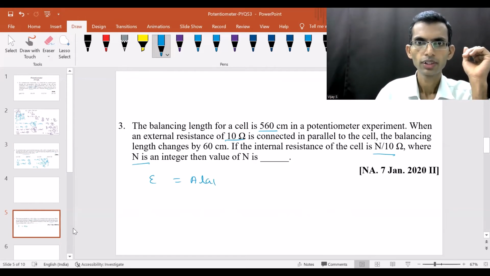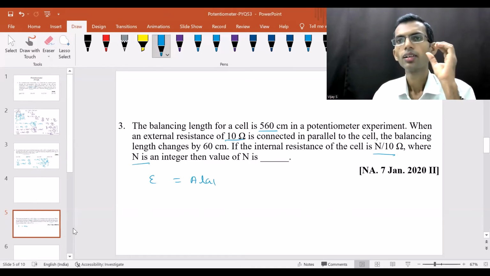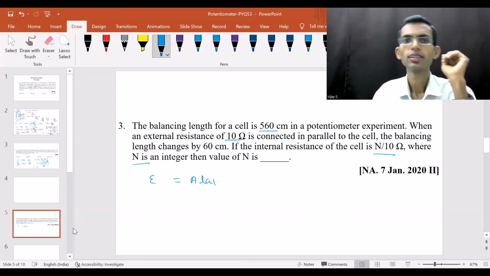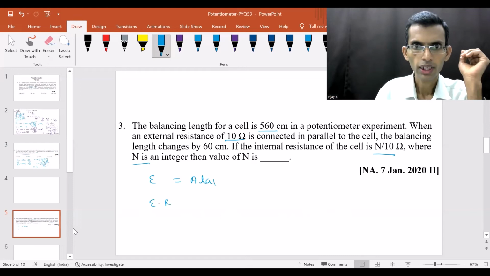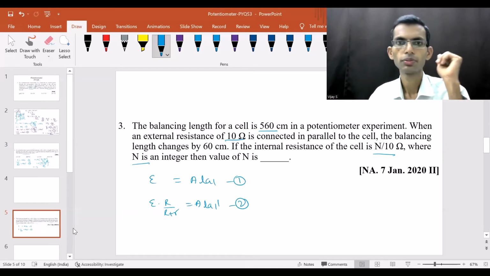Similarly, for shunted cell case, at balance, potential difference across the cell becomes equal to potential difference across the balance length for that case. So that is E into R by (R + r) becomes equal to the potential difference across the balance length, in this case A into L1'. So let us take it as equation 1 and 2 respectively.